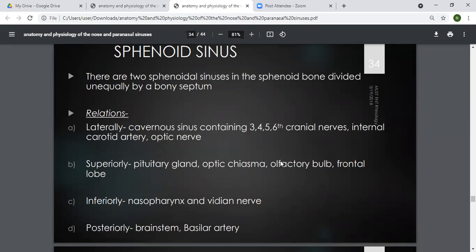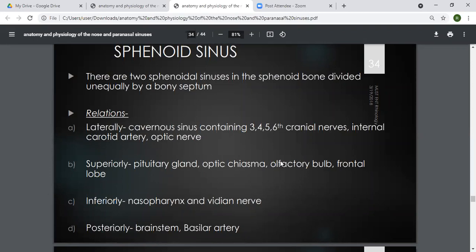So still, its relations, we have laterally the cavernous sinus that contains the third, fourth, fifth, and sixth cranial nerves, the internal carotid artery, and the optic nerve. While superiorly, they are bordered by the pituitary gland, the optic chiasma, the olfactory bulb, and the frontal bone, the frontal lobe of the brain.